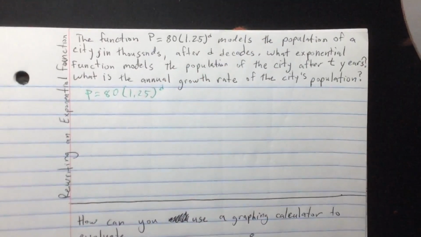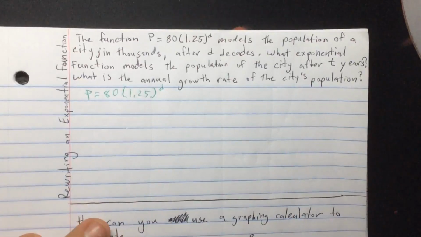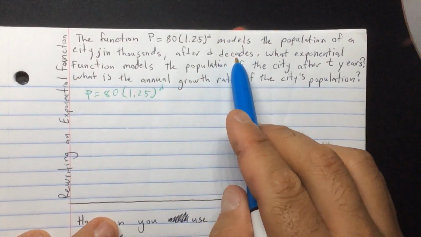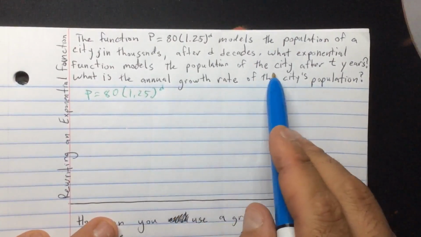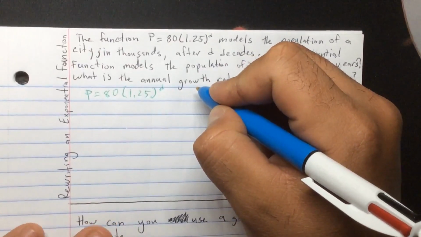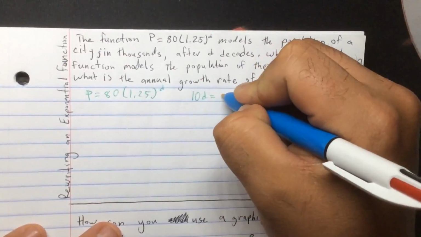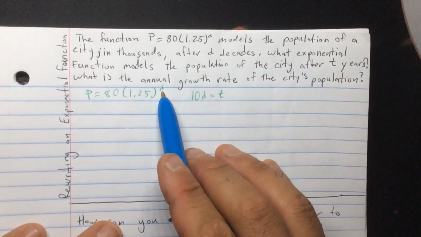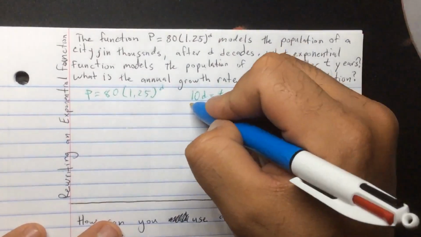But our D is going to be a little different because it's based on decades, right? It says right there, D decades. So I know a decade is 10 years. So our T, which represents years, is going to be equal to 10D. But we want this in terms of T, so we're going to divide by 10.